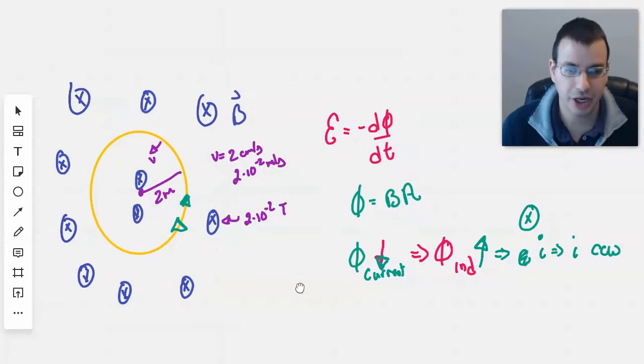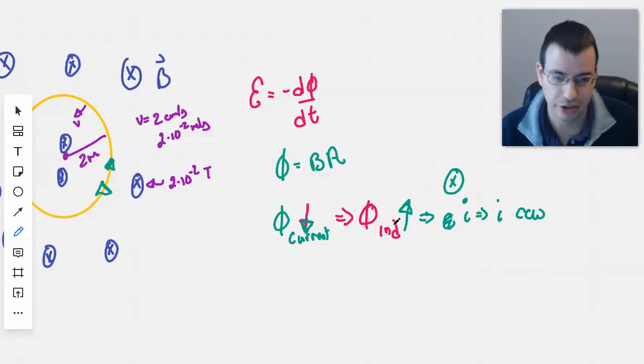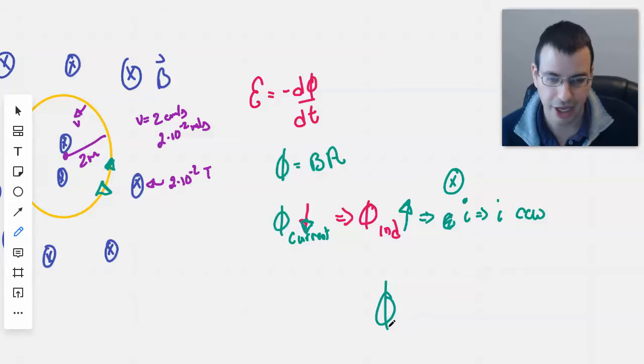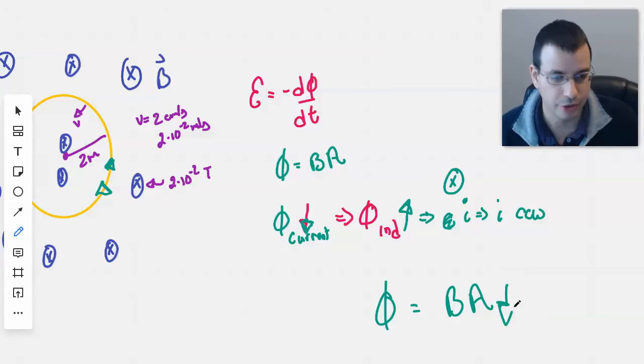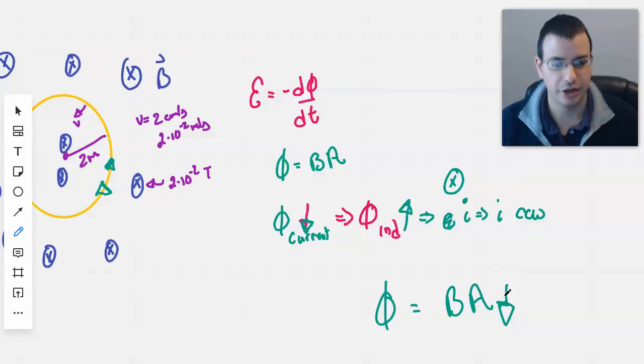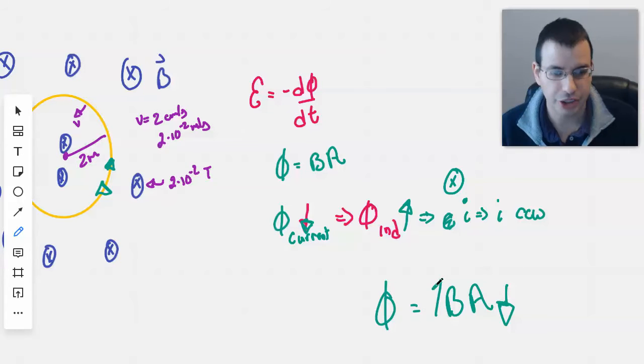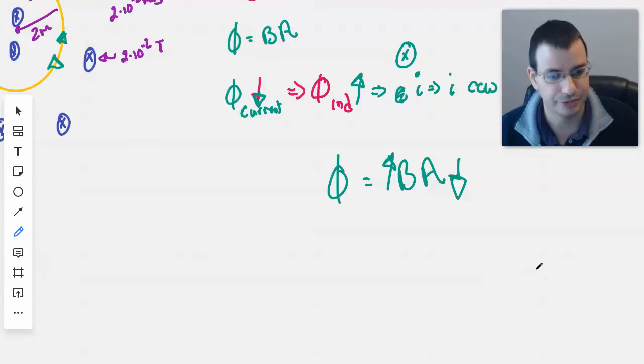And so what it's trying to do then is, you have your flux, which is magnetic field times area. The area is going down. That's just part of the loop, it's an external force crushing it. And so to mitigate that fall, it's going to try and raise the magnetic field.